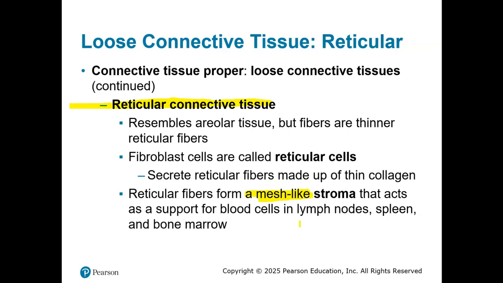You find reticular tissue in the lymph nodes, the spleen, the bone marrow, and actually the liver. So any of your mushy organs or mushy tissue. The only way you may have seen bone marrow would be like a chicken bone.